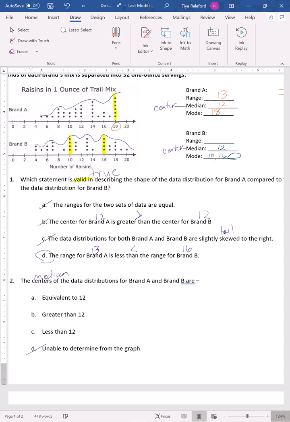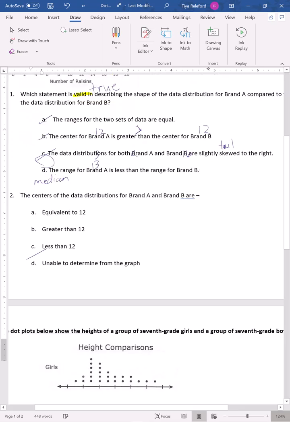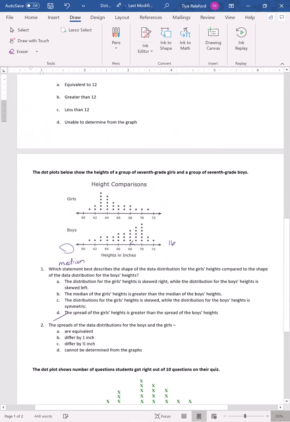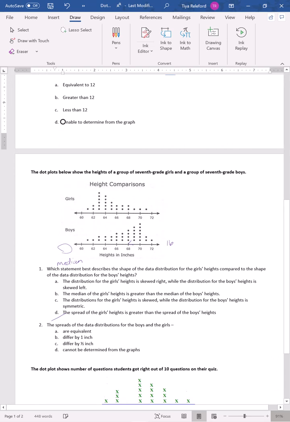You know, that's kind of like the not here. It's always here. Okay.